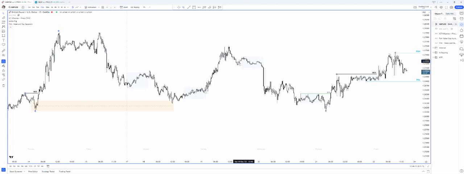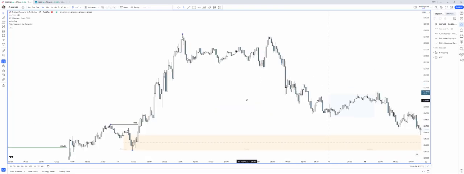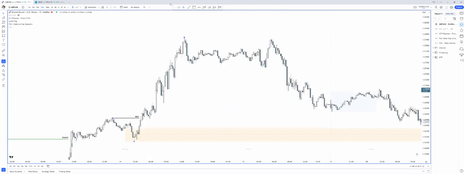Okay, what can we do during this whole period of inside days of this major range? Look here. This was the time when we had the QM here, this one, and then we have the QM here.